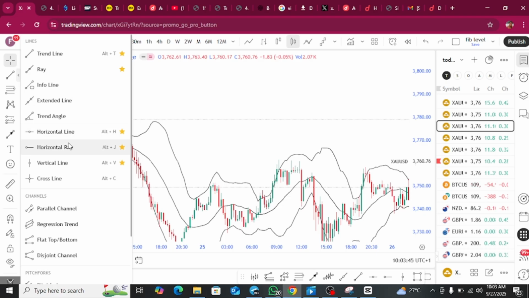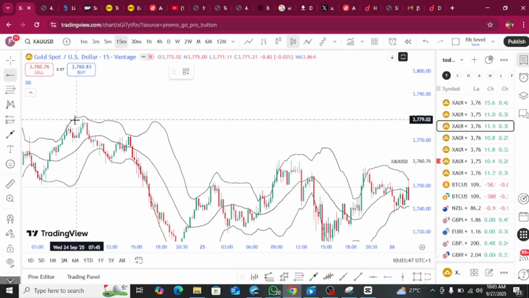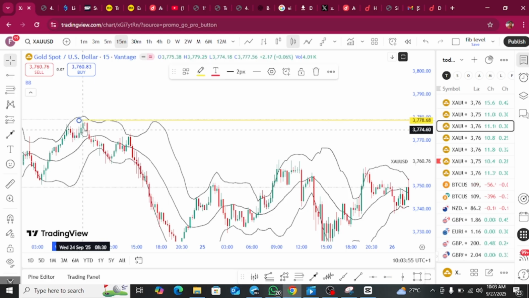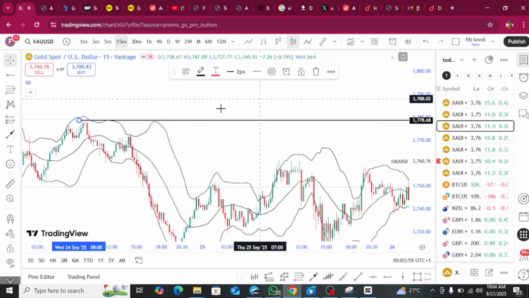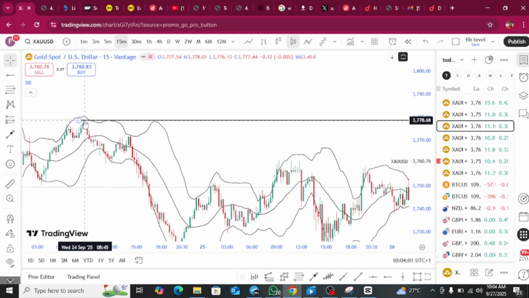So the previous highs and the previous lows are what we are going to use here. Now this is a liquidity at this place. This was a liquidity. This particular high here, this was the high. This was higher than this. This was also a liquidity.